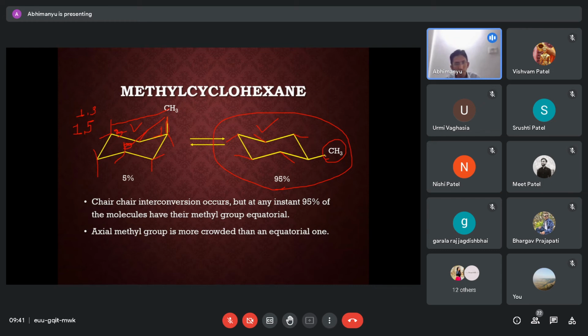So in 2 conformations of the methyl cyclohexane, conformation number 2 is most stable, and that's why it is 95% in the mixture. 95% equatorial conformation and 5% axial conformation is available in the solution. So based upon the axial and equatorial positions, the stability of the molecules can be decided. કેમ ફર્સ્ટ હતો એની સ્ટેબિલિટી ઓછી હતી? તો કે ડ્યુ ટુ ડાયએક્સિયલ સ્ટ્રેન.